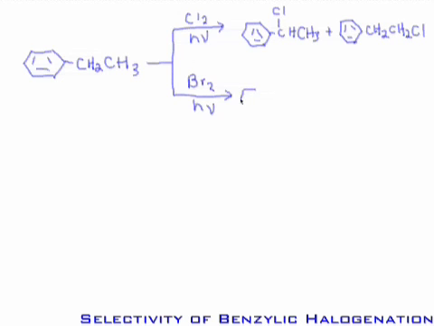Likewise for bromine, we could get CHBr, CH3 plus CH2Br.